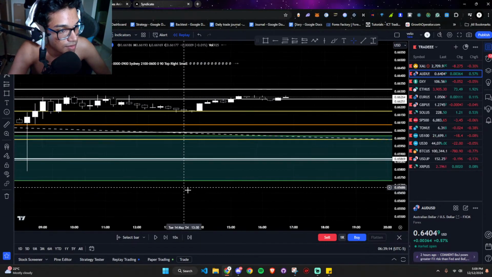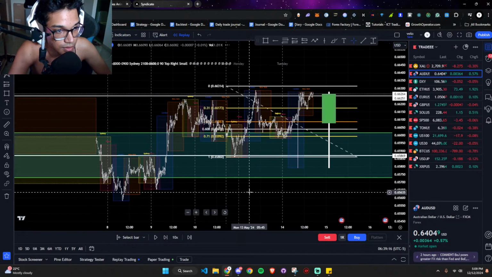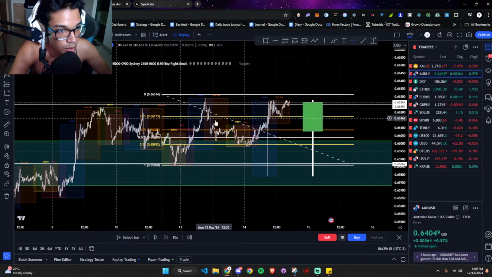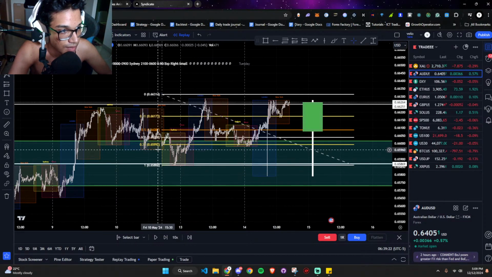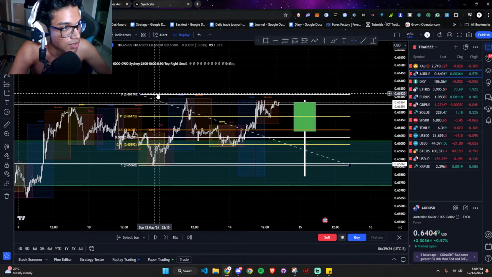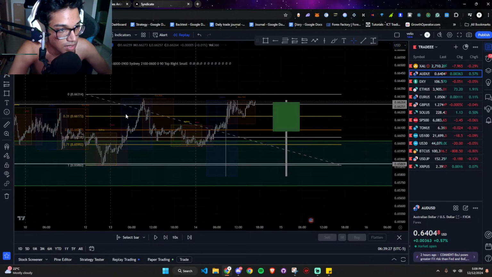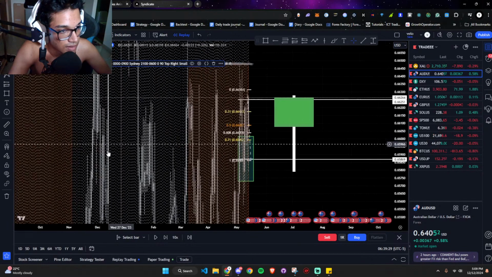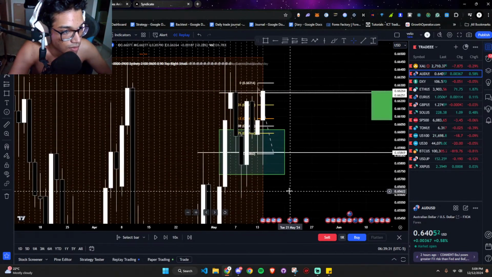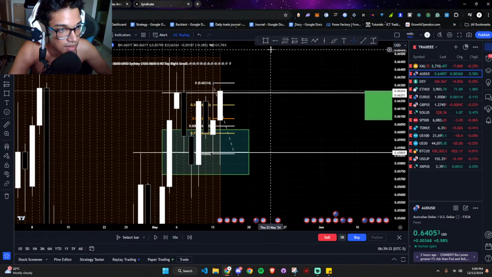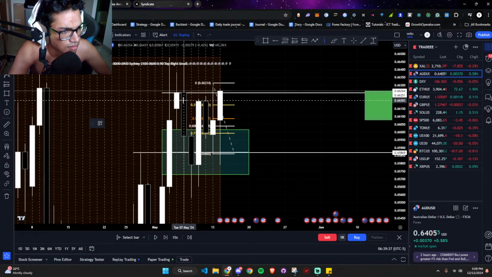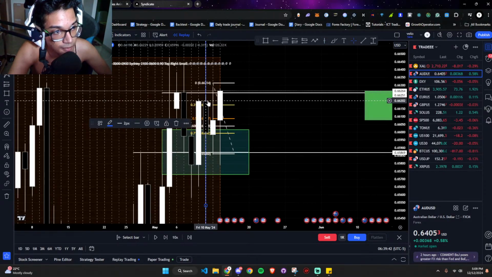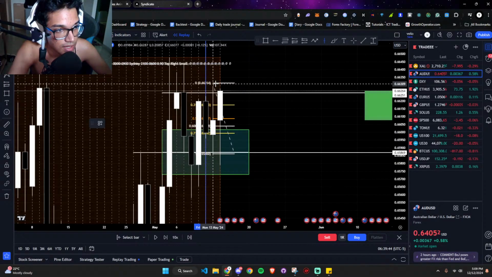So if I zoom in, you see right here, this 0.5 retracement came after the fact, okay? So technically, let me just mark out the different days. That way it's easier to take this liquidity. So over here, this was the previous day, and this was the current day.